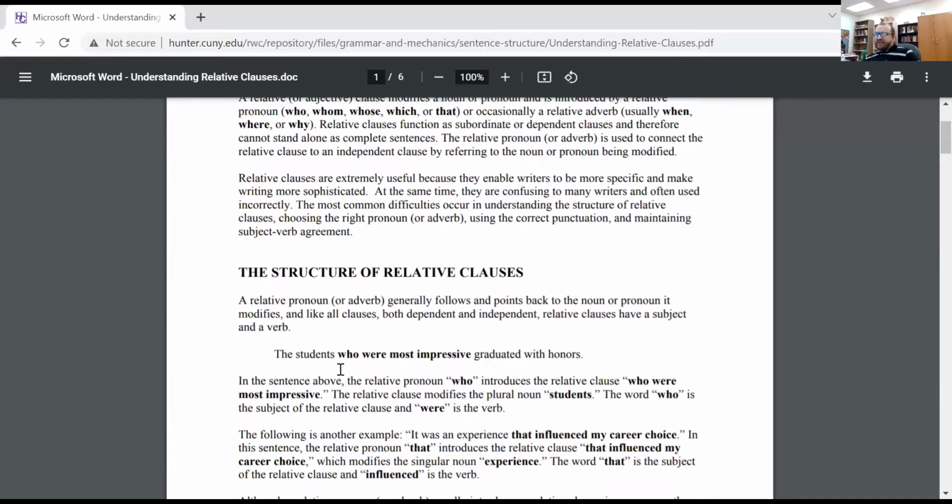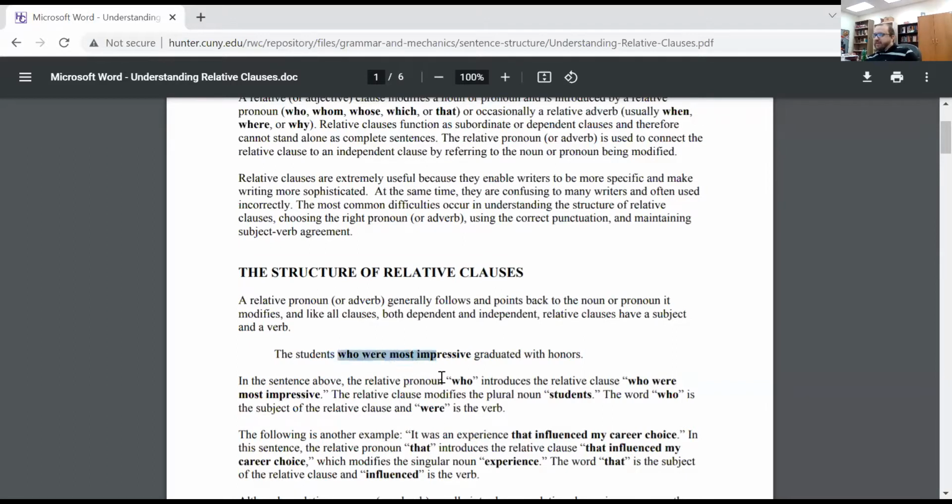So if you note here, you had the students who were most impressive graduated with honors. You can cut that who were most impressive out. The sentence would still make sense, right? You would say the students graduated with honors.